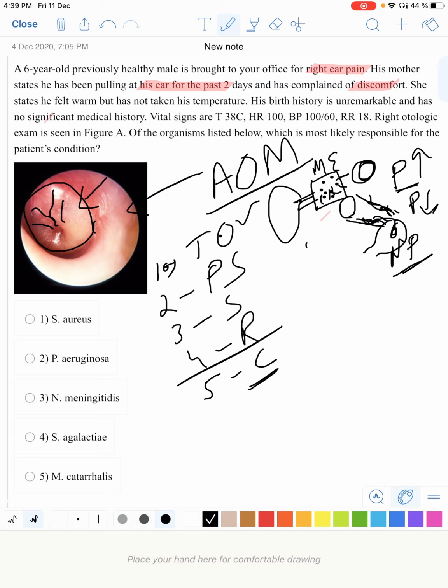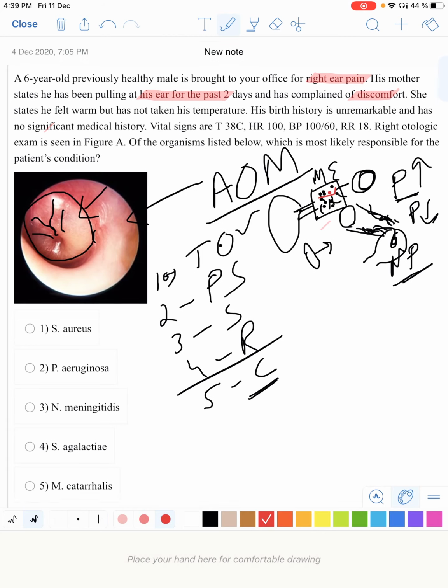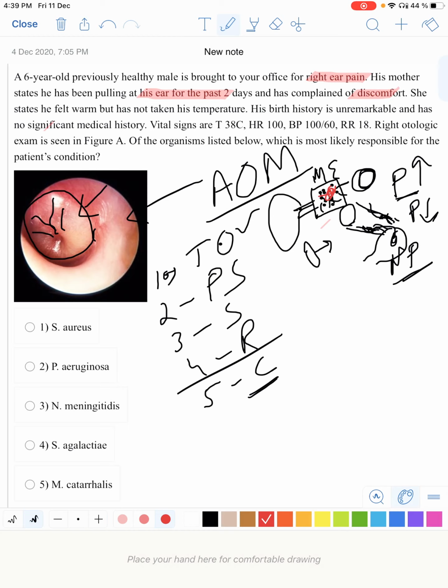The tympanic membrane, which normally lies tilted, starts to retract inward. With time, secretions start to accumulate in the middle ear, and the pressure builds up again. Now the tympanic membrane is not retracted; it is pushed outside and bulges like this.